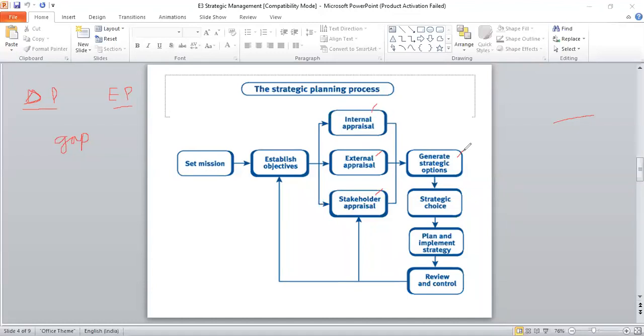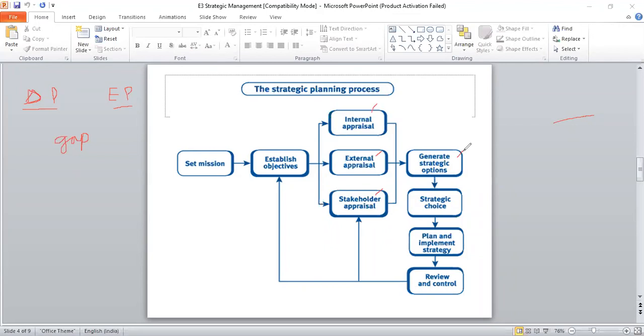So also in the case of strategy, the strategy implementation is compared with the plan. If they are on par, yes, it's fine. But if there are variations, then control measures are taken to see that there are no deviations. Right?